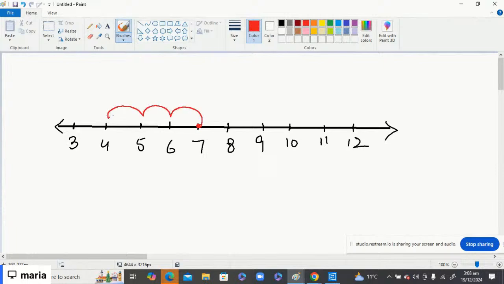Now it's moving like here. So I'm just going to move starting from 7, ending at 4.